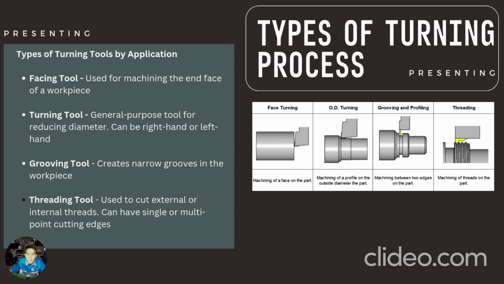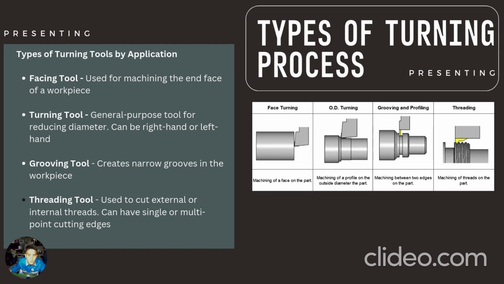From these types of turning process, there are different types of turning tools, differing by application. The facing tool is used for machining the end face of a workpiece.